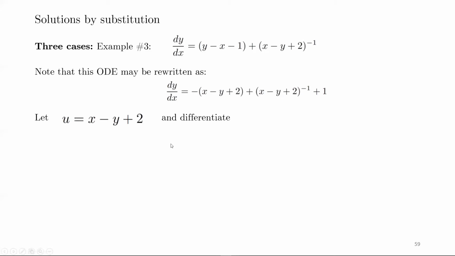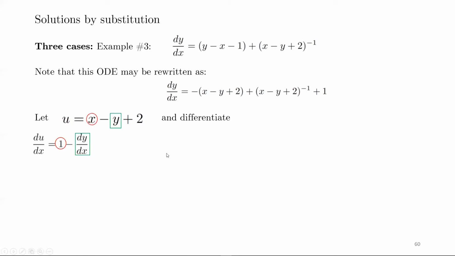Okay, let's differentiate this function u with respect to x now. That's quite easy: if I differentiate the left-hand side, I'll get du by dx. If I differentiate the right-hand side, dx by dx is just 1. Differentiating y with respect to x simply gives me dy by dx. And if I differentiate a constant with respect to x, of course I get 0.